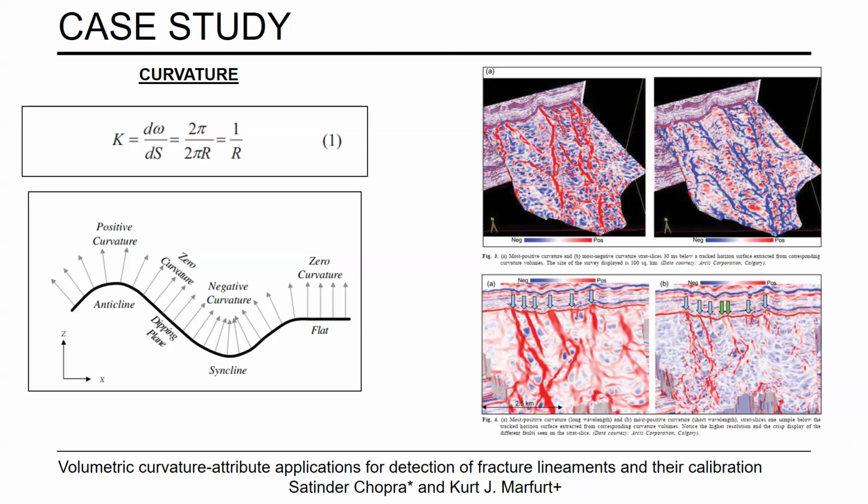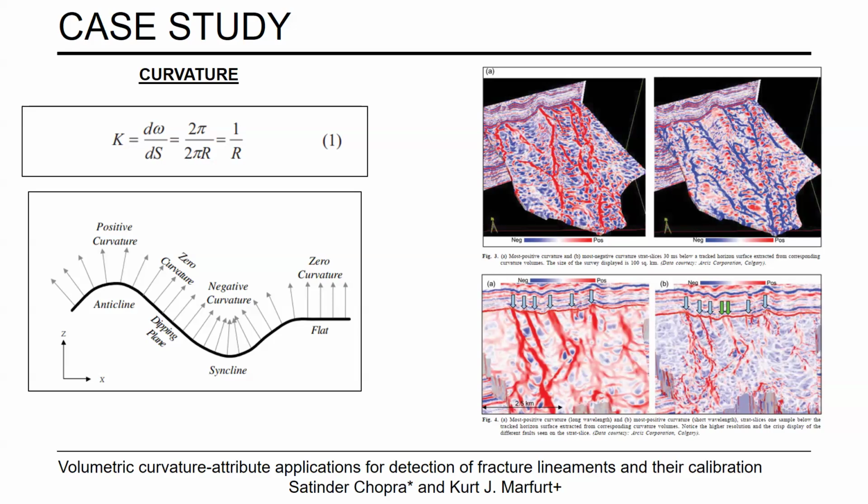My next approach will be to explain the basic geophysics of how this curvature attribute actually works. Curvature is basically the differential, or the reciprocal, of radius. If you can imagine a circle, and at the circumference you take a derivative.